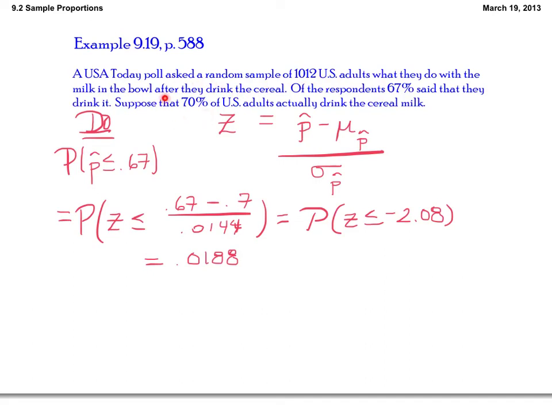If 70% is the actual population proportion, then we expect 0.67 to be relatively close to it. But we find that only 1.88% of all samples of size 1,012 would result in such a sample proportion. And so as a result, yes, we do have reason to be concerned.